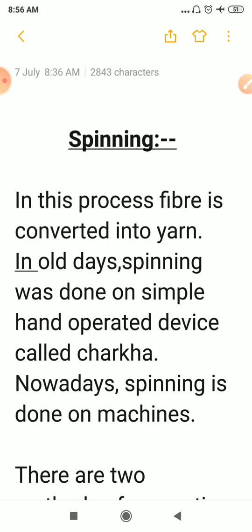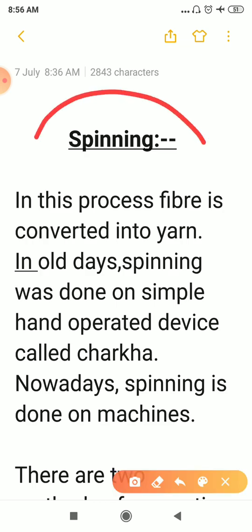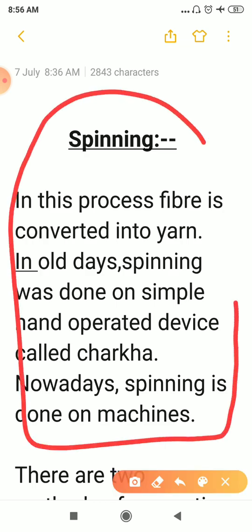Bapu used the charkha for making yarn, and from that yarn he wove different types of khadi cloths. Charkha is quite popular. Nowadays, spinning is done by high speed machines.